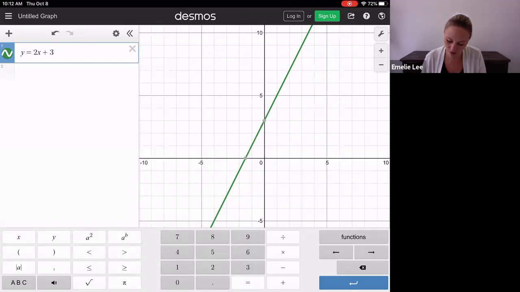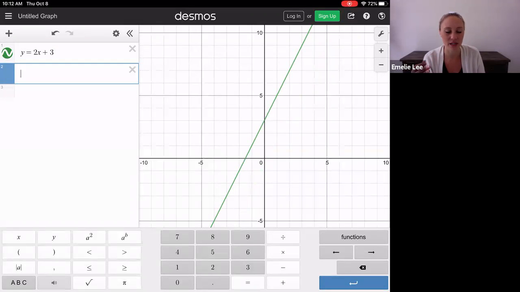Then I can use the little blue return button down at the bottom, and it'll let me put in another line. Like I said, it's pretty clever. So I'm just going to plug in 2y minus 4x minus 5 equals 0 and see if it can handle it.